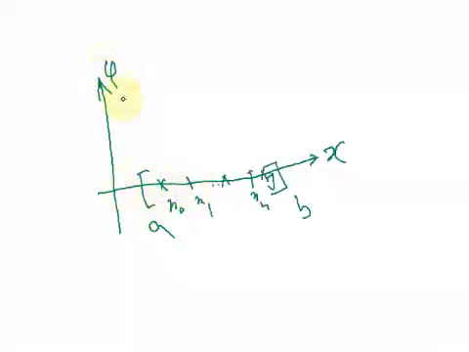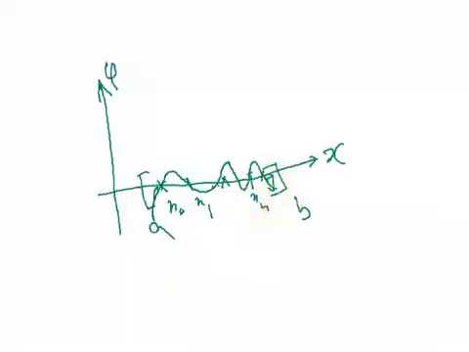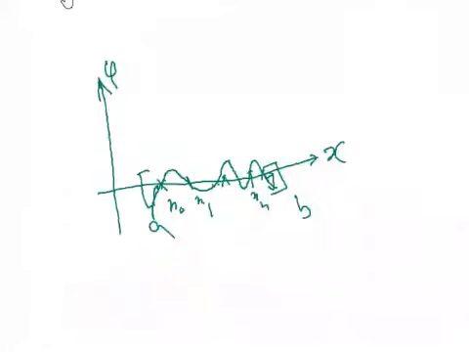That means if you draw the phi function, it hits at these points x0, x1, ..., xn, y. So this function intersects the x-axis at these nodes and this y, because they are zeros.